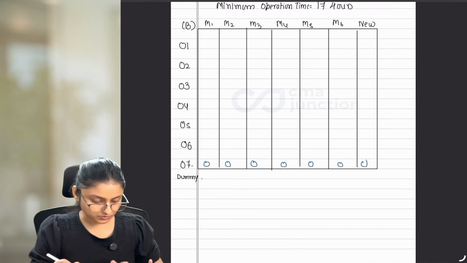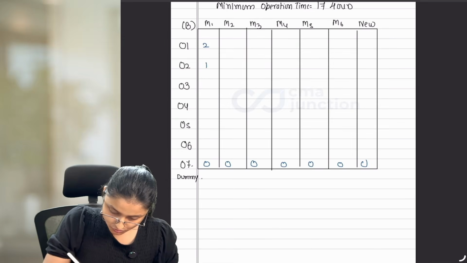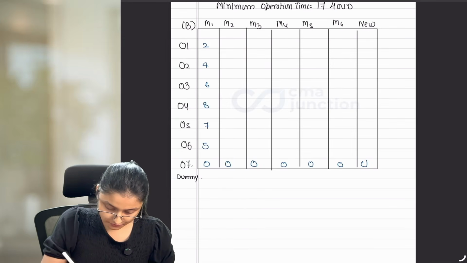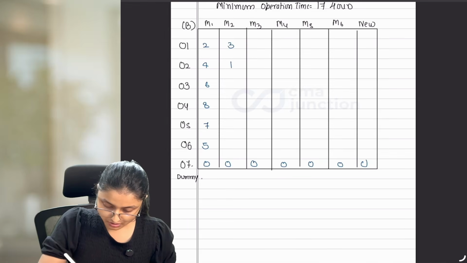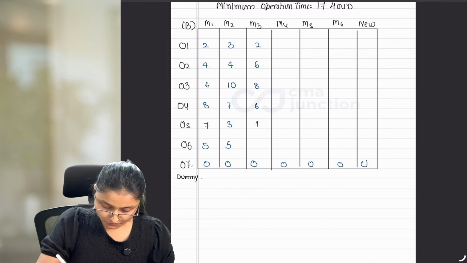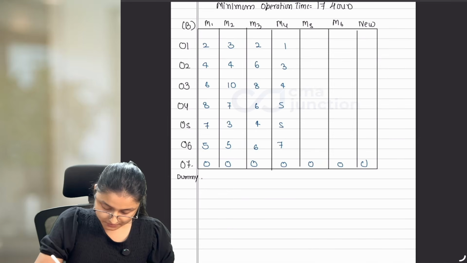So what I'm doing is I'm opening the question on the side so that we can write it directly here. 2, 4, 6, 8, 7, 5. Next 3, 4, 10, 7, 3, 5. 2, 6, 8, 6, 4, 6. 1, 3, 4, 5, 5, 7.